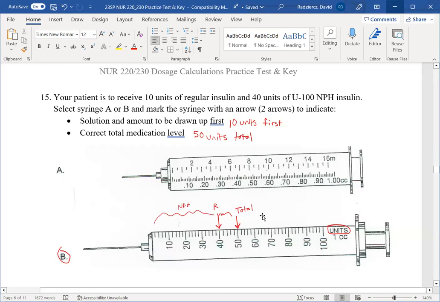They want to know to draw regular first, but you're not necessarily marking on a syringe, because I agree with you 100% that what I've written here only makes sense if we were in a vacuum where the liquid stayed separated, but when you pull them up, and I'm sure you've done this before, they mix.